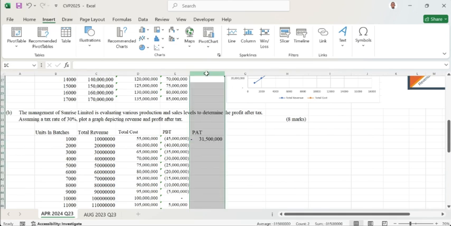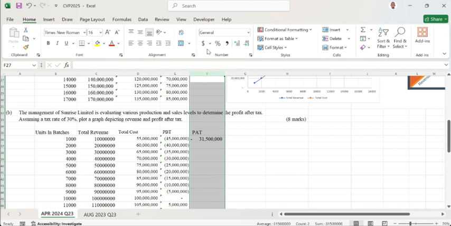We want profit after tax, which is equivalent to this times 0.7, because I don't want to go 30% and then start subtracting, I just go straight.